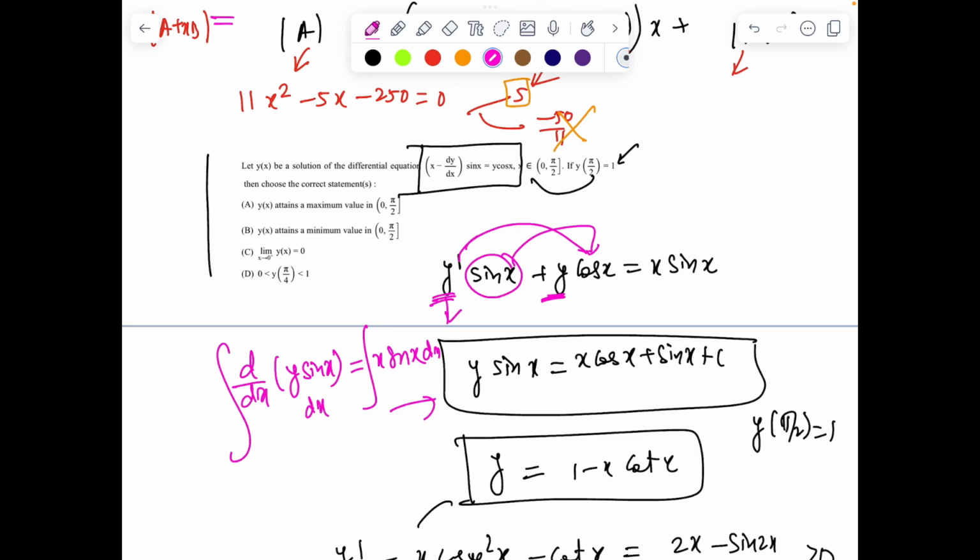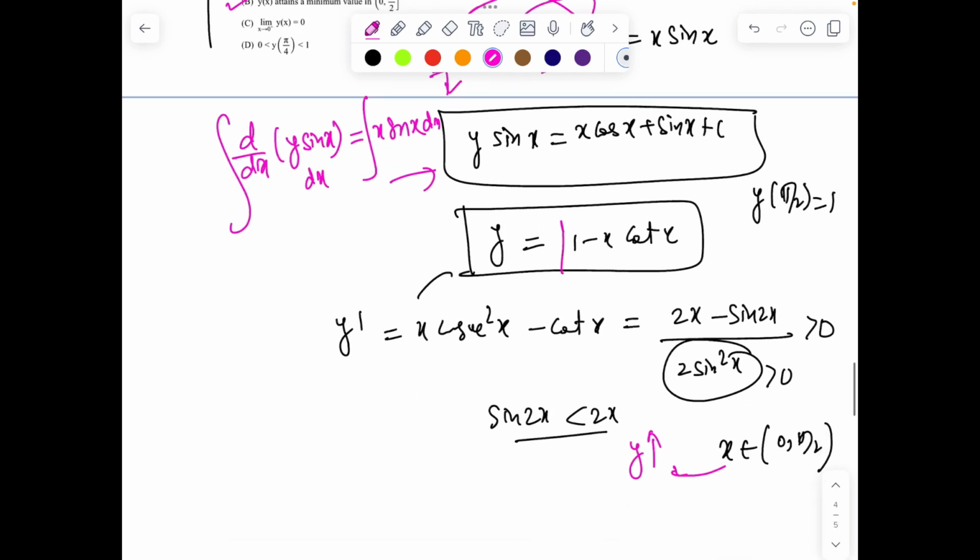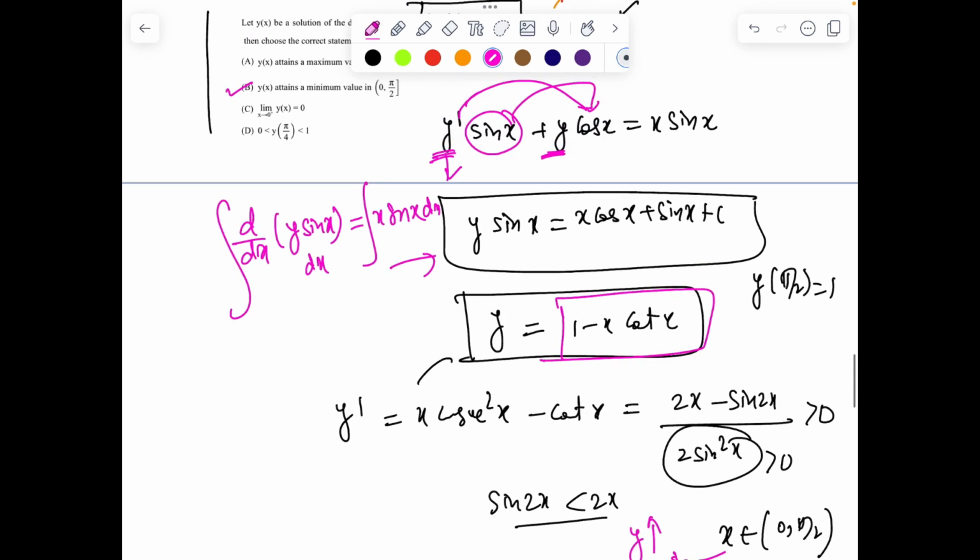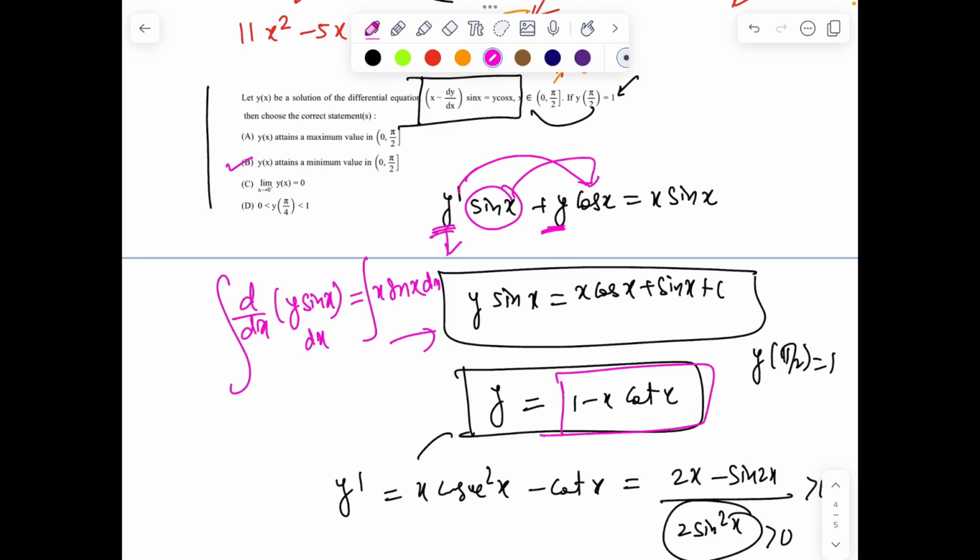Now from here the answers: option B, y attains minimum value in 0 to pi by 2, so that is correct. C is also correct, the limit as x tends to 0 of y of x, y is given, you can clearly see this limit. x cot x is x by tan x, so as x tends to 0 plus it will be 1, so 1 minus 1 is 0.